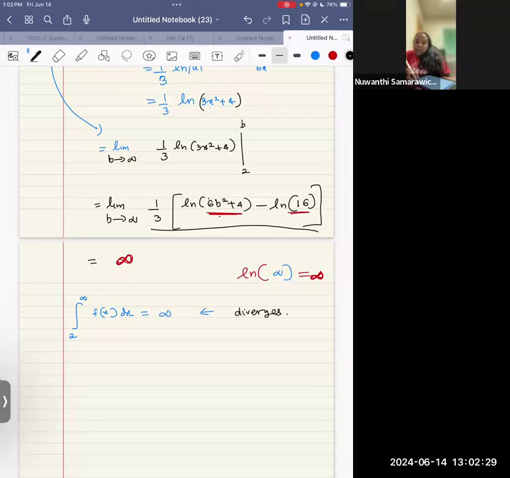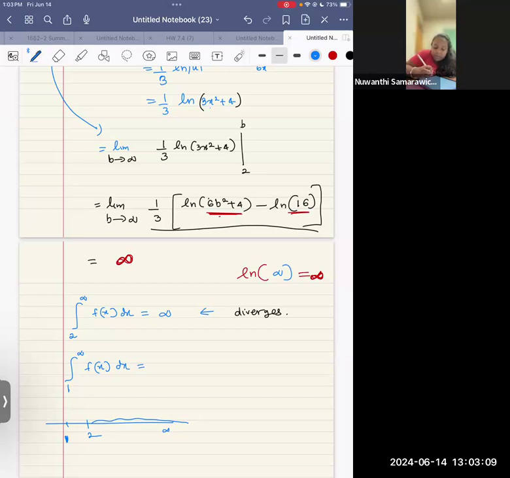Okay, but we need 1 to infinity. If you draw the real line, if 2 to infinity diverges, then 1 to infinity anyway diverges, because if this part diverges, it doesn't matter if you take one point outside of 2.